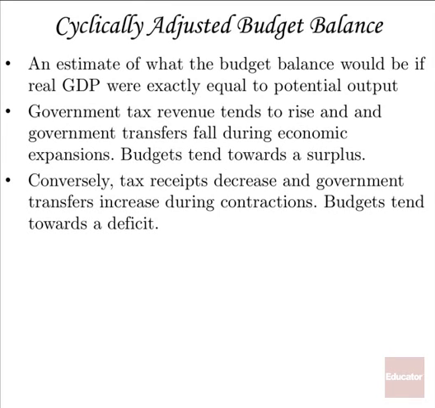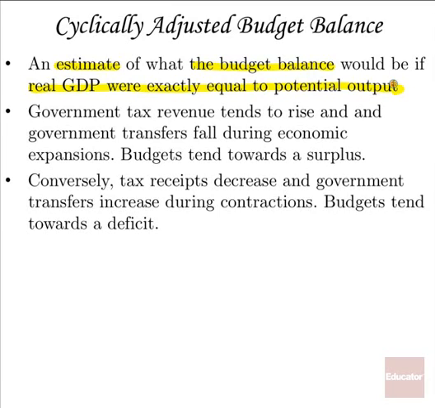So in terms of a cyclically adjusted budget balance, what does it mean? You're going to have some periods of a budget surplus and a budget deficit, but the idea is that during different cycles, you might want to adjust for periods of down times and periods of good times. So a cyclically adjusted budget balance is an estimate of what the budget balance would be if real GDP were exactly equal to potential output.